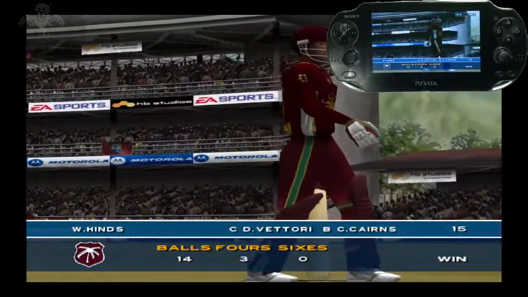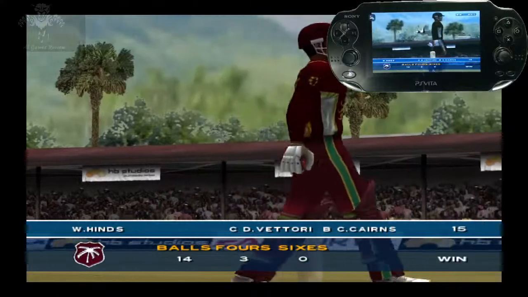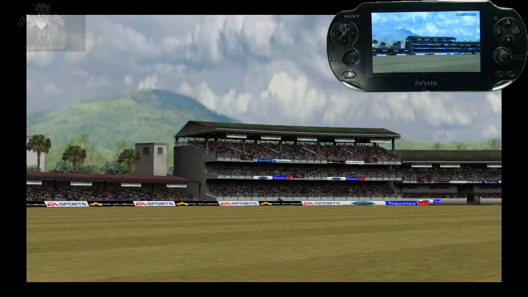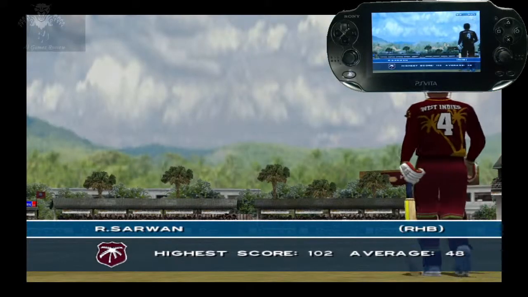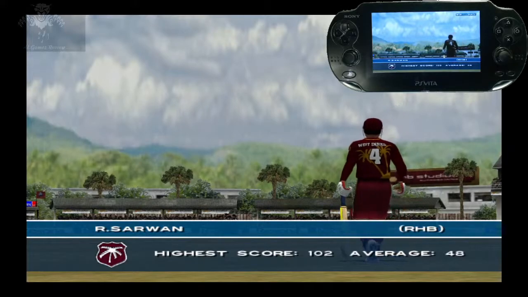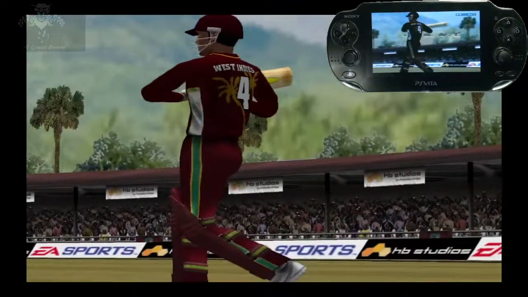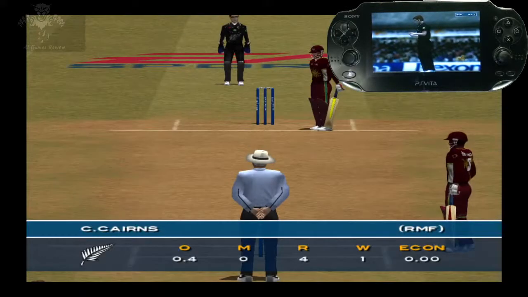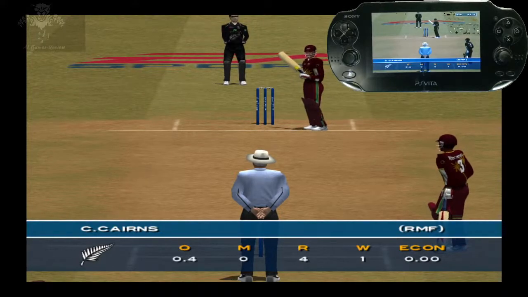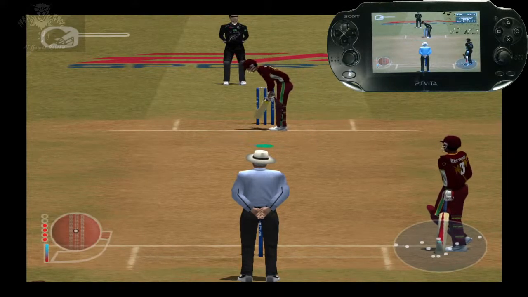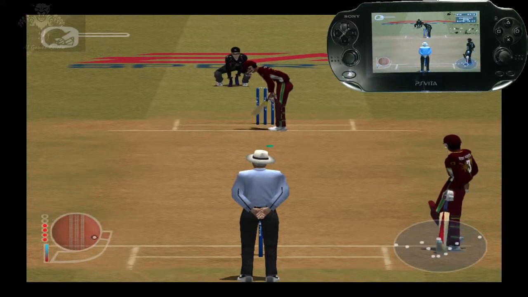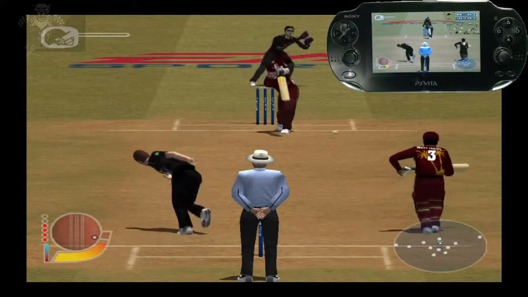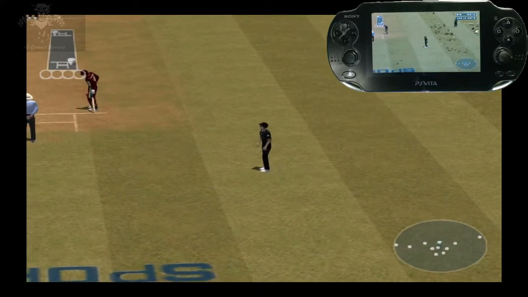The new batsman is Sawan. Sawan facing. Stopped by Vettori.